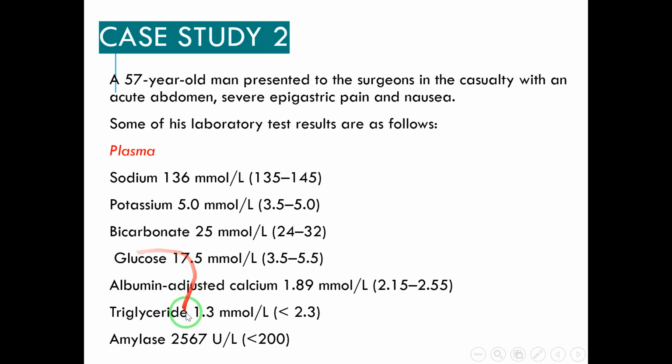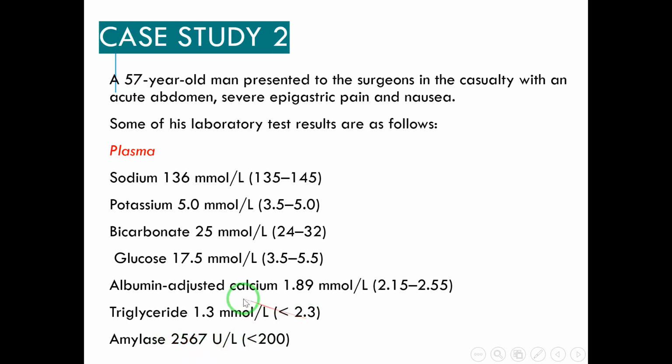The amylase is very high, about 2,567 units per liter, while the normal is less than 200. So it is about 8 to 10 times more than the upper normal.